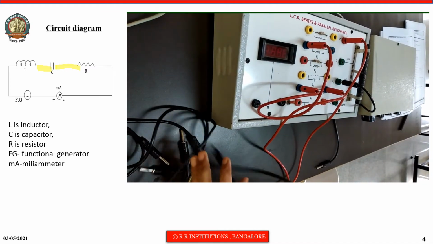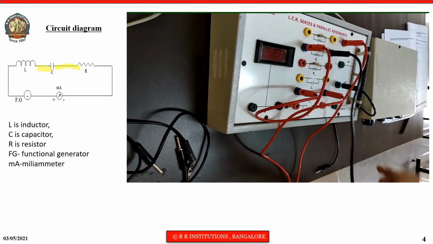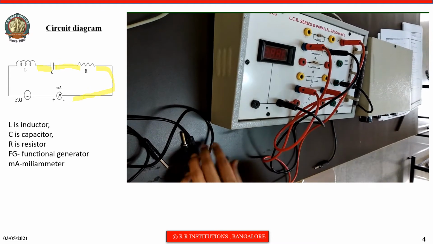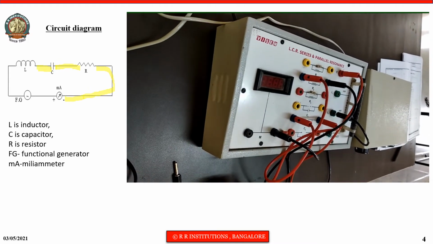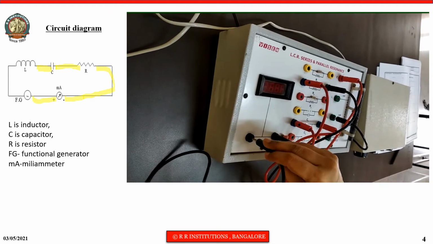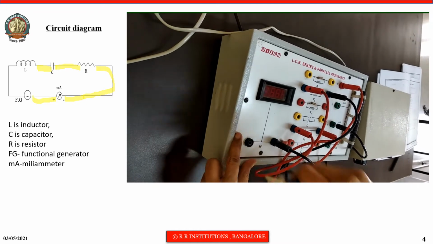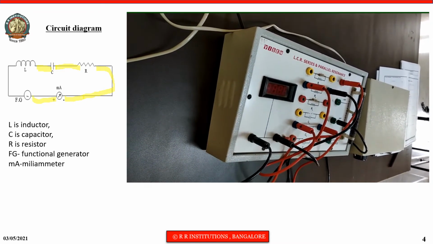Then the end of the R is connected to one terminal of the ammeter. The other terminal of the ammeter is connected to the signal generator.